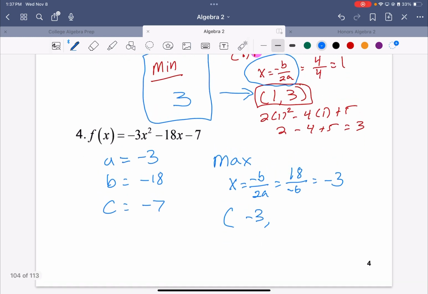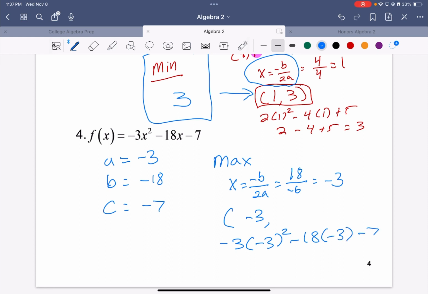Now we're going to plug that in. That's negative 3 times negative 3 squared minus 18 times negative 3 minus 7. Order of operations: negative 3 squared is 9, so that's negative 27 plus 54 minus 7.